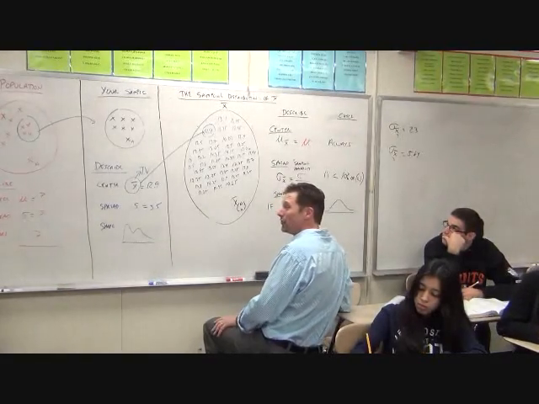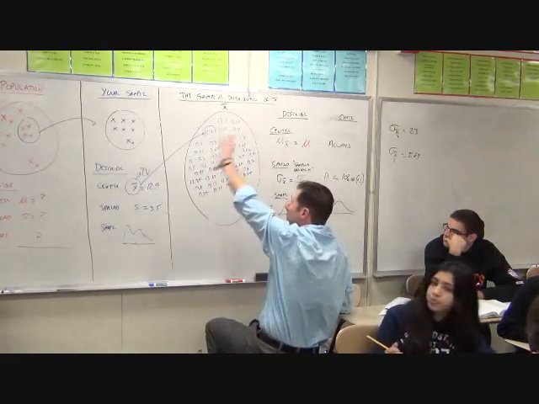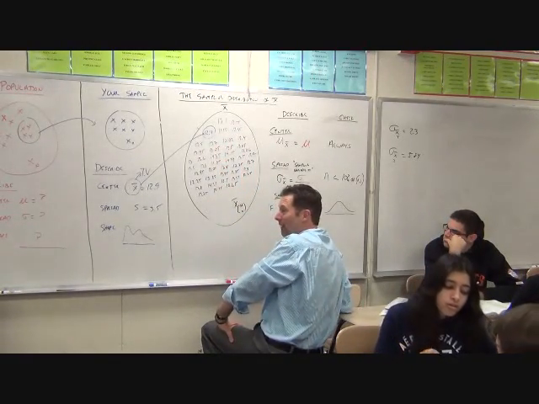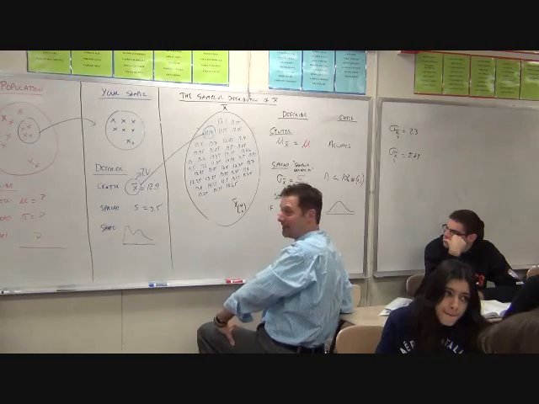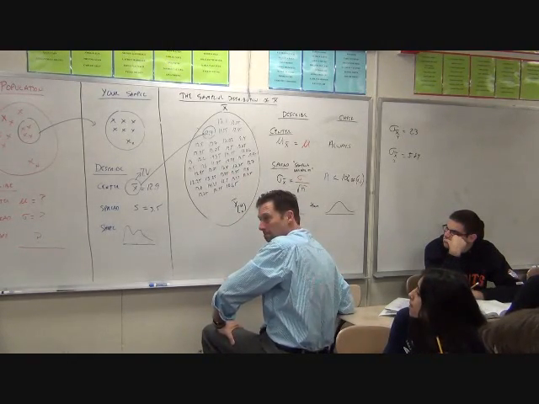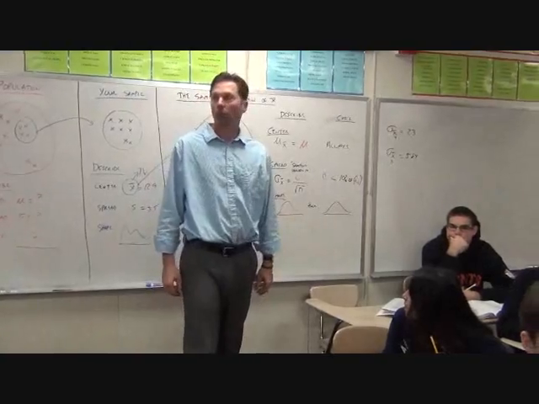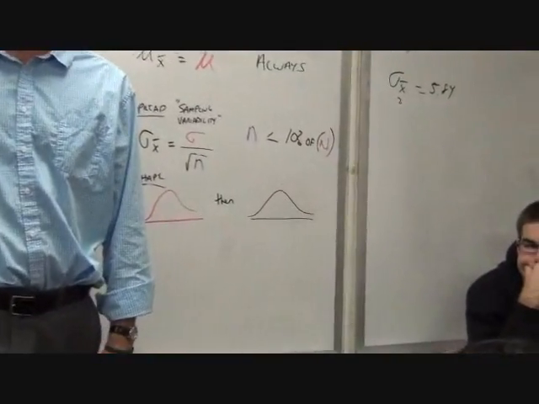So now we have an understanding of the center, shape, and spread of all of these possible sample means that we can get. And we don't have to go find them all, which is obviously impossible. Questions or comments? Okay. All right, got it.